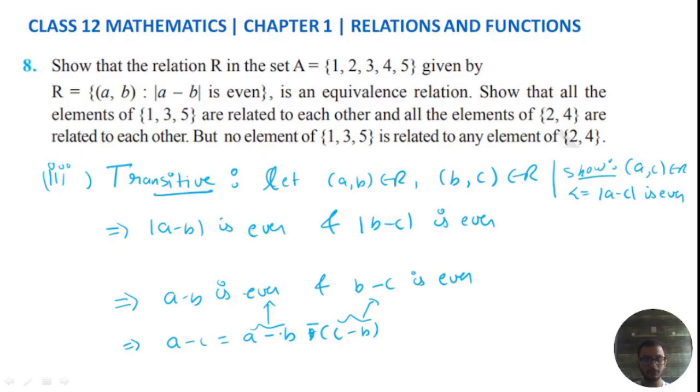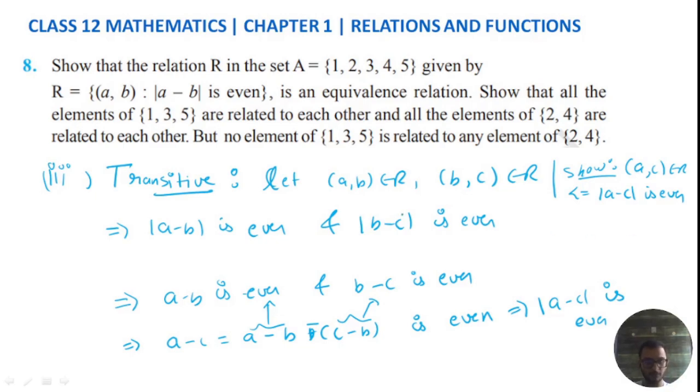So subtraction of two even numbers will be even. Thus we can say a minus c is even. This will imply modulus of a minus c is even, right? That is what we wanted. So we are done. We had shown reflexive, then symmetric, now we have shown that it is transitive. So we have got that the relation is an equivalence.